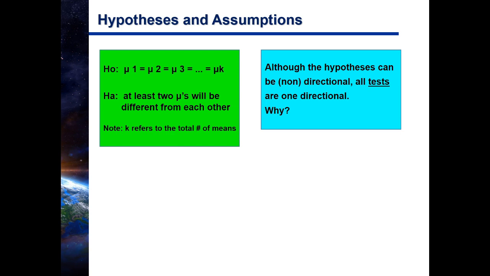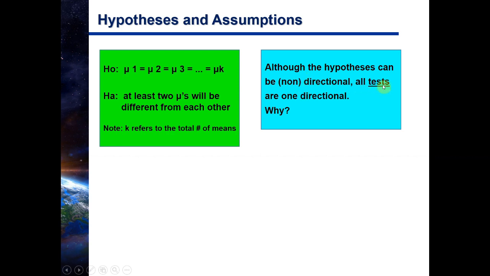Based on educated and informed predictions, we can predict, for example, the mean for group 1 will be higher than the mean for group 2, but will be the same as the mean for group 3. So we can make directional predictions. So we can have hypotheses that are non-directional and directional.